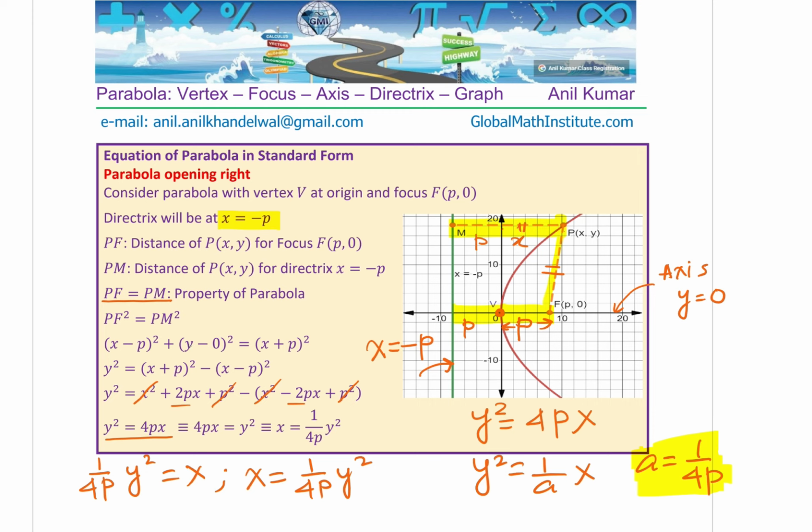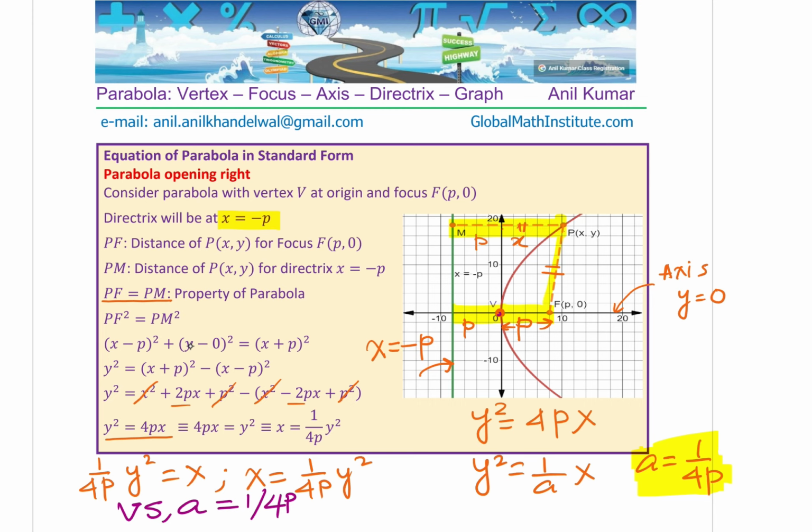So we have also derived another very important result here, that the vertical stretch, which normally is written as a, is equal to 1 over 4p. Is that clear to you? That is going to relate to the vertex form of parabola later. I hope you have understood how we have derived the equation of parabola in standard form, where the vertex is at the origin.